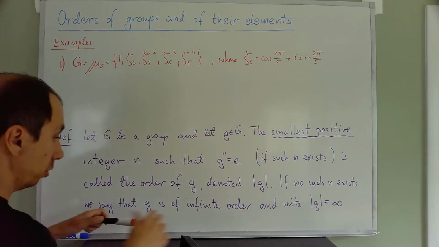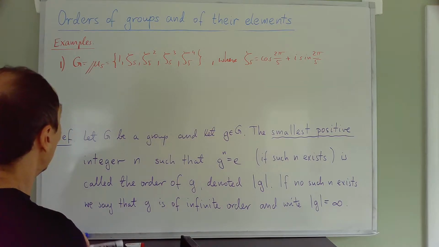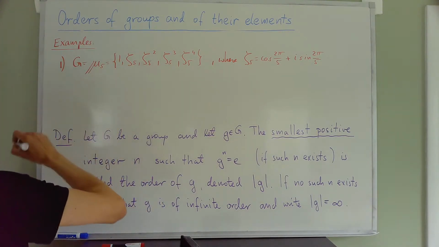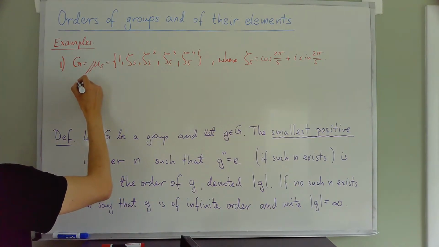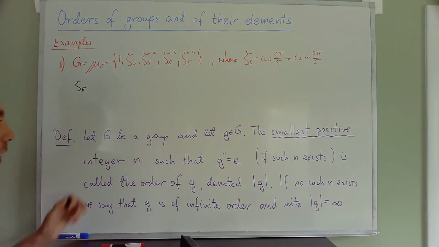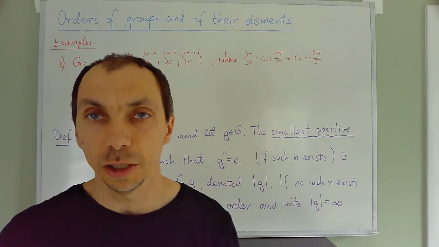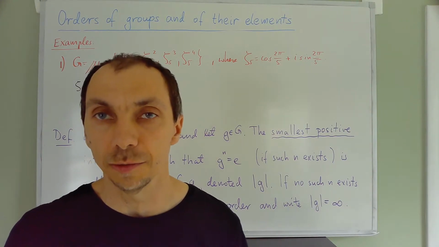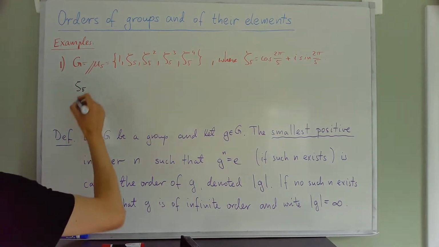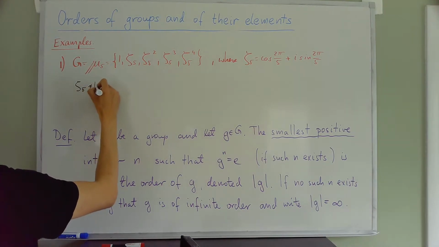Okay, so what are the orders of these elements? Let's just start with zeta 5. The operation is multiplication. So how many times do I need to multiply zeta 5 by itself to get to 1? So zeta 5 is not 1.